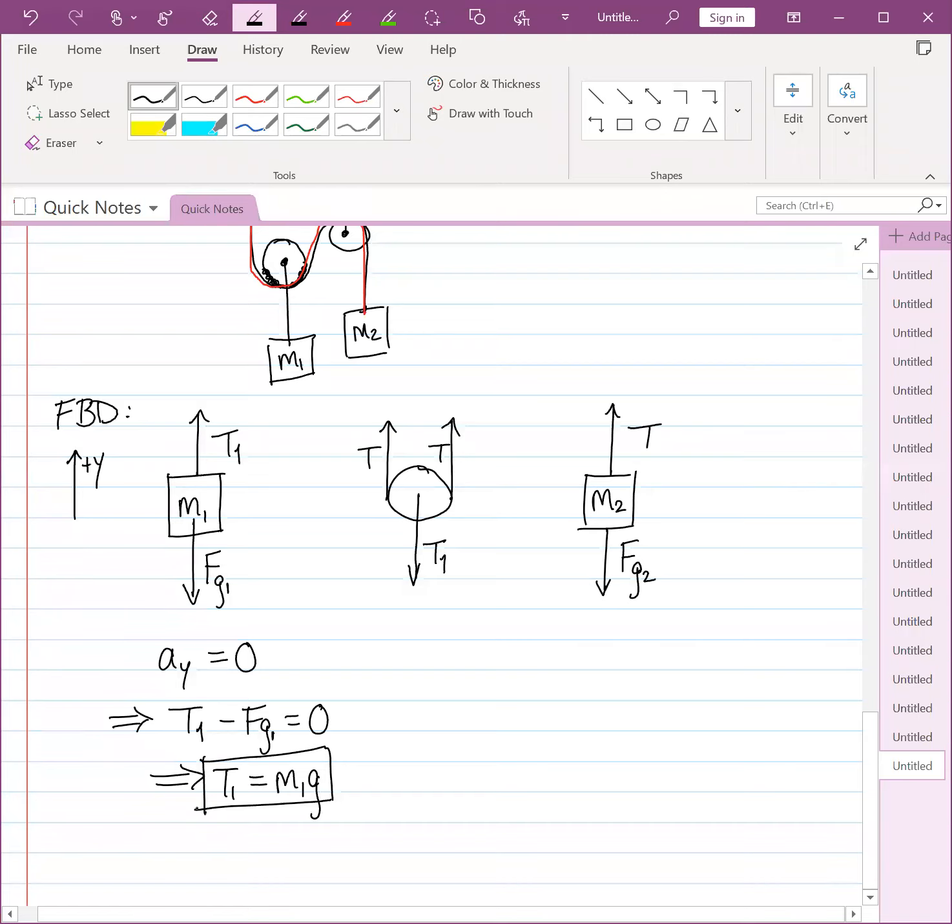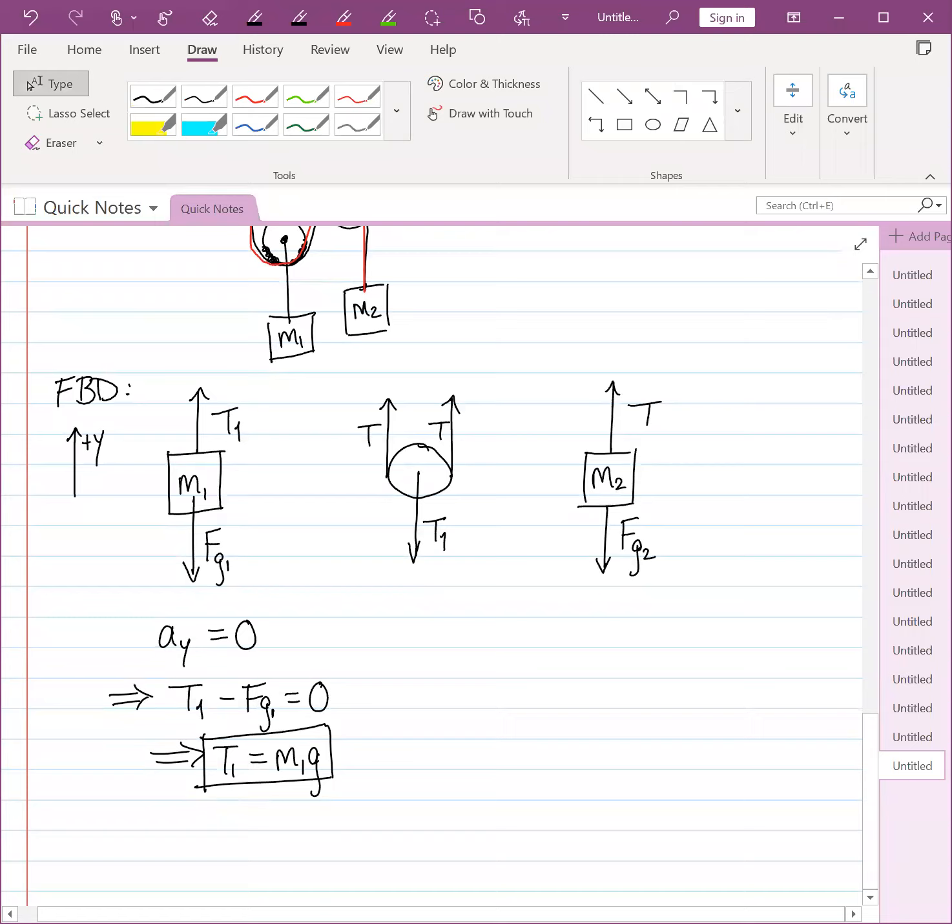We also know that the first pulley isn't moving because the block isn't moving. Nothing's moving here. So we have that the acceleration here is 0, which means that the net force is 0 in the y direction. I should have written that here, by the way. If the acceleration in the y direction is 0, then the net force in the y direction is 0. That's from Newton's law. And so we can write what the net force is.